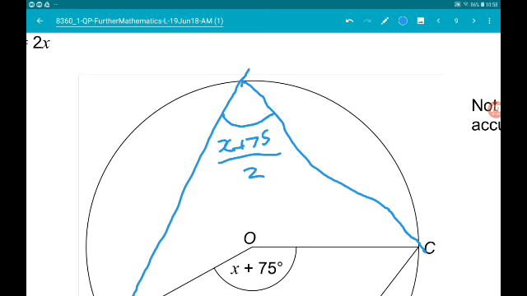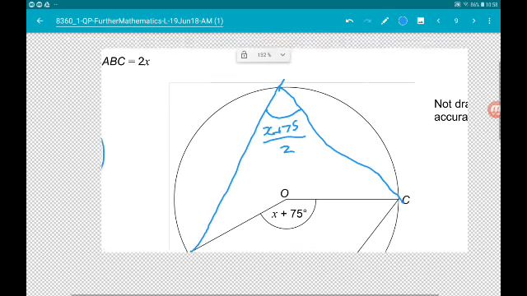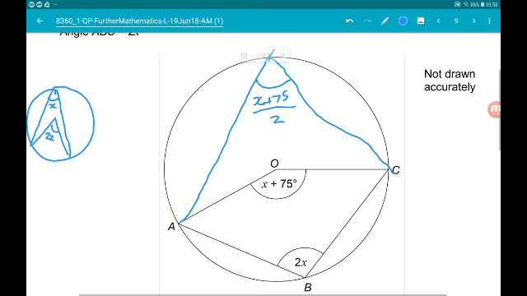How is this useful? Well, now we've got another theorem going on as well. We now have a cyclic quadrilateral. Now, opposite angles in cyclic quadrilaterals add up to 180 degrees.